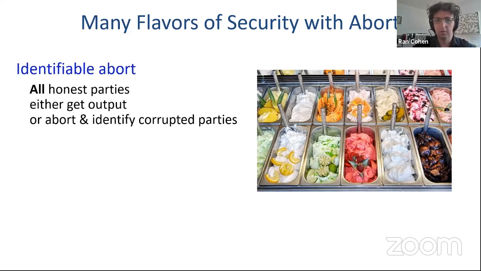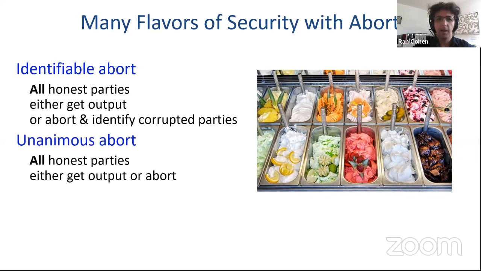In fact, security with abort comes in many flavors in the literature. The strongest version of the definition is security with identifiable abort. That means that if the adversary cheats and causes the honest parties to abort, they will identify one of the cheaters. One of the corrupted parties will be identified by all honest parties. A weaker notion is security with unanimous abort. Here, it is no longer guaranteed that the honest parties will catch a cheater, but it's guaranteed that either all honest parties get the output or all honest parties know that there was an attack and abort.